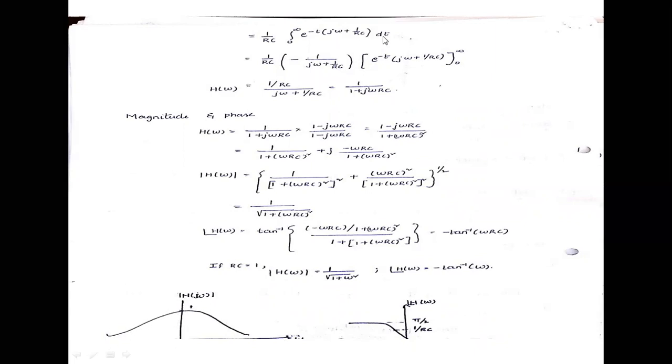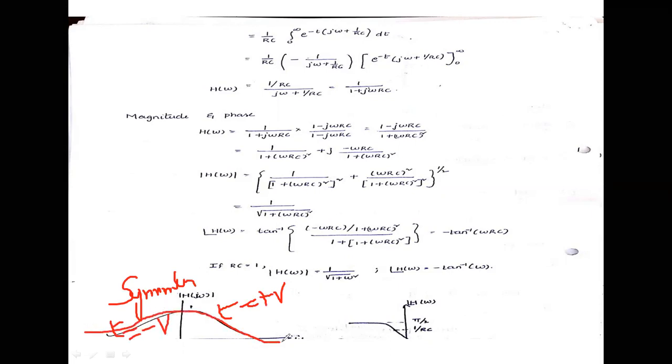So the magnitude plot is symmetric, my dear students. Symmetric for positive values and negative values, both are the same. Slowly it decreases here and slowly it decreases there. Minus infinity is 0, 0 is 1, and plus infinity is 0.